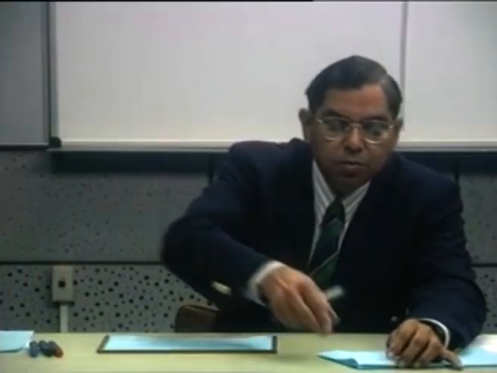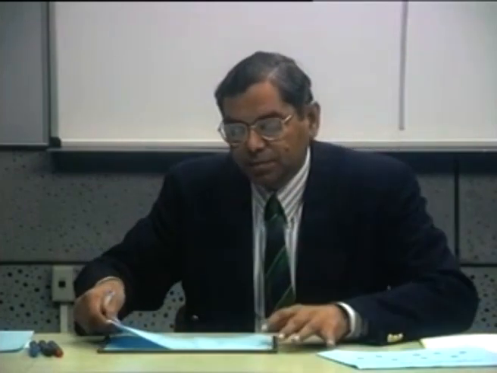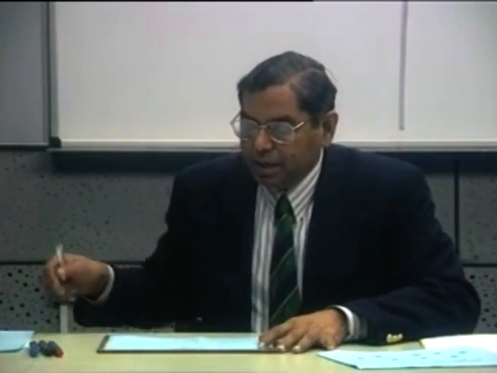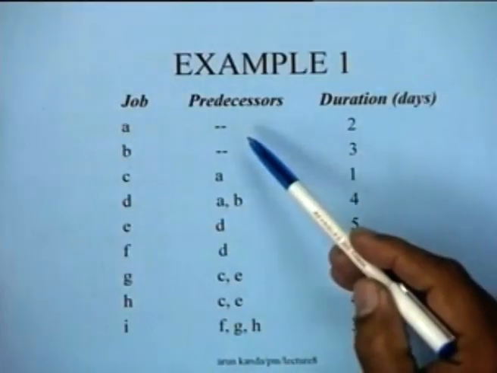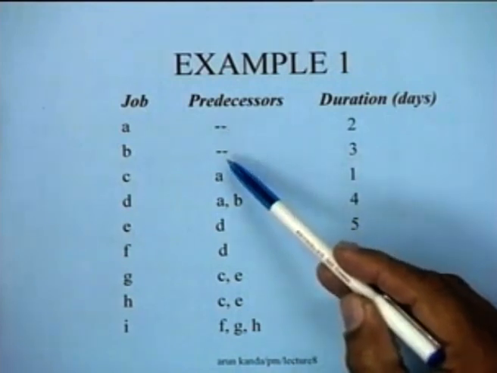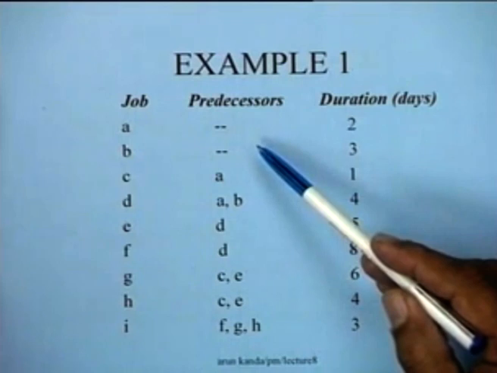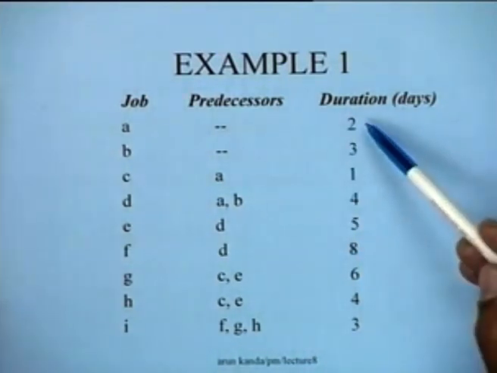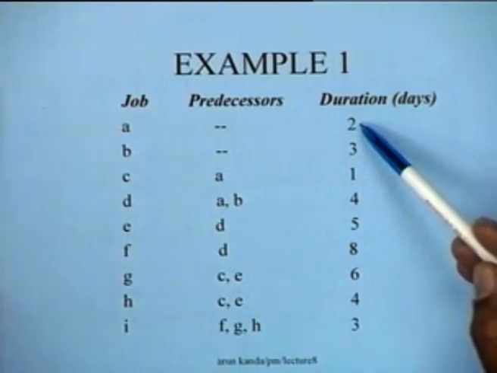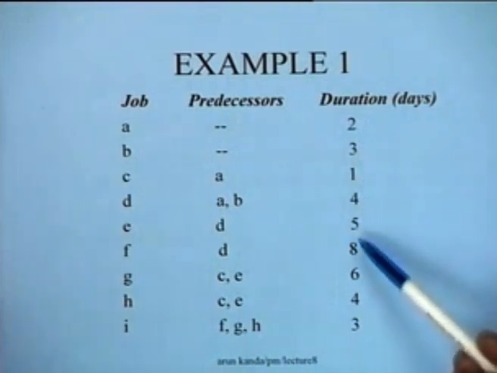Now, what we will do now is to take an example. Let us take an example in which the predecessors for each of these jobs are identified as shown in this list, and we are assuming that for each of these jobs we have estimates of the duration of the job in days, and these estimates are given here in this particular list.